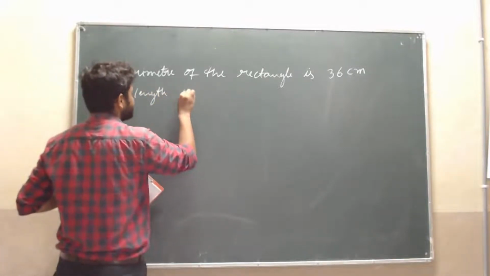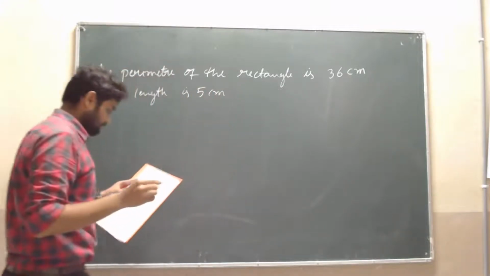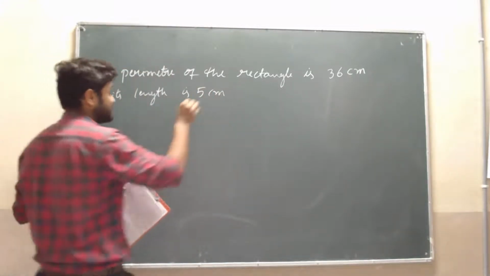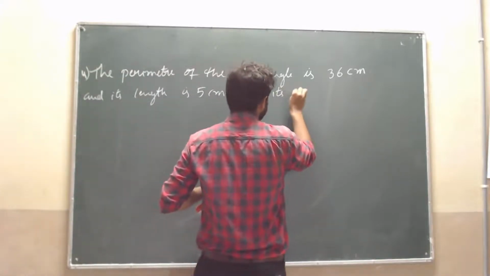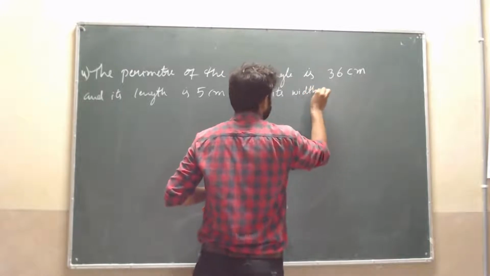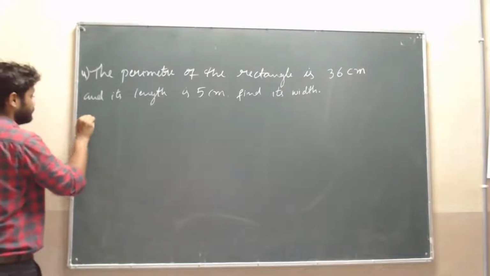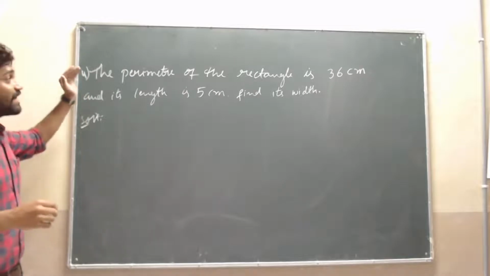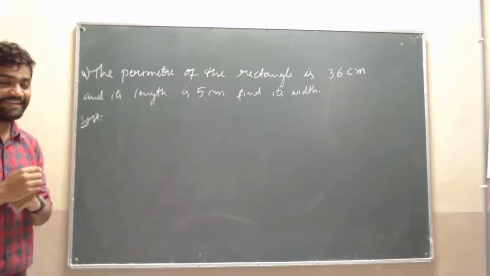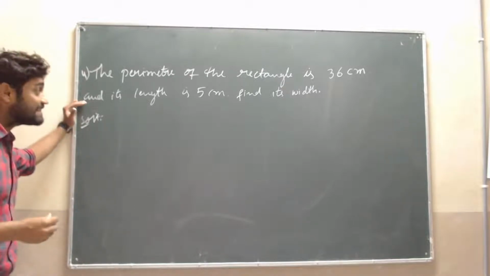Find its width. Okay, read out the question one more time. The perimeter of the rectangle is 36 centimeter and its length is 5 centimeter.